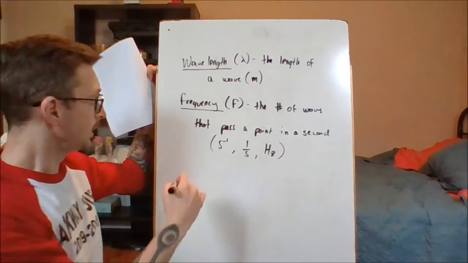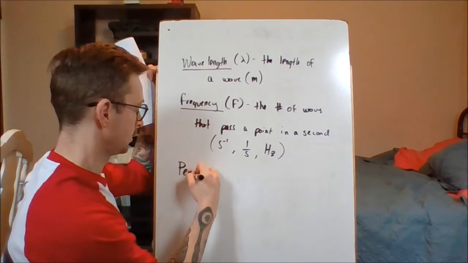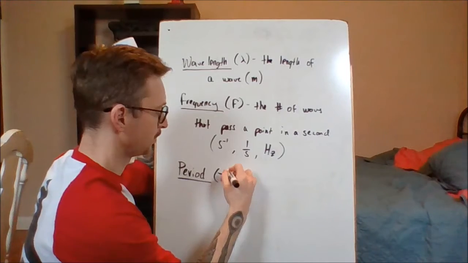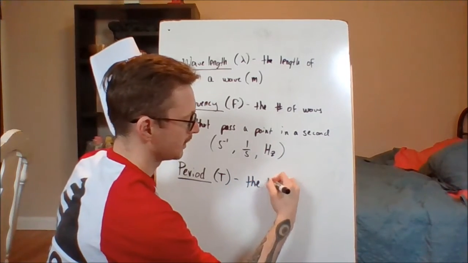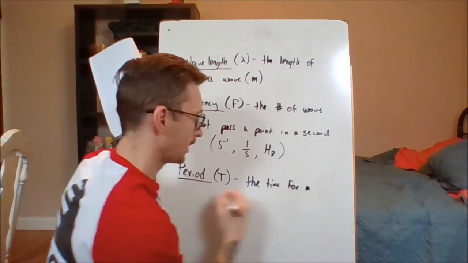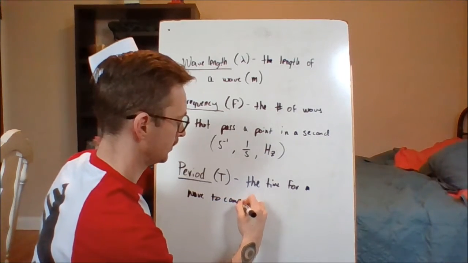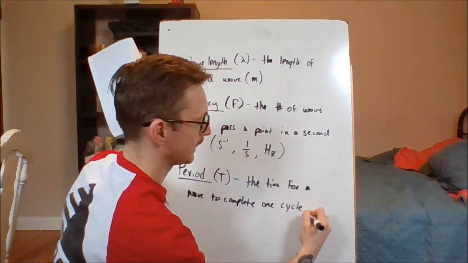The other thing that we need to know is the period. This is big T. This is the time for a wave to complete one cycle.